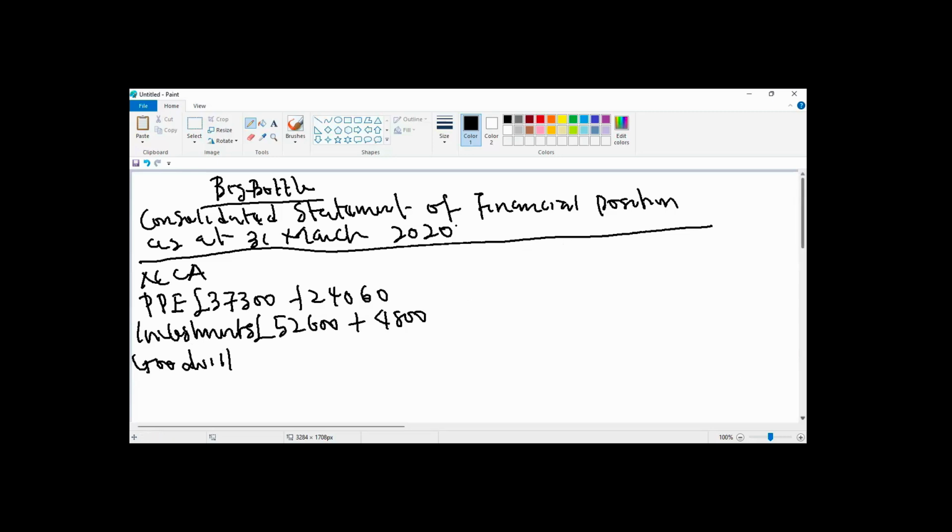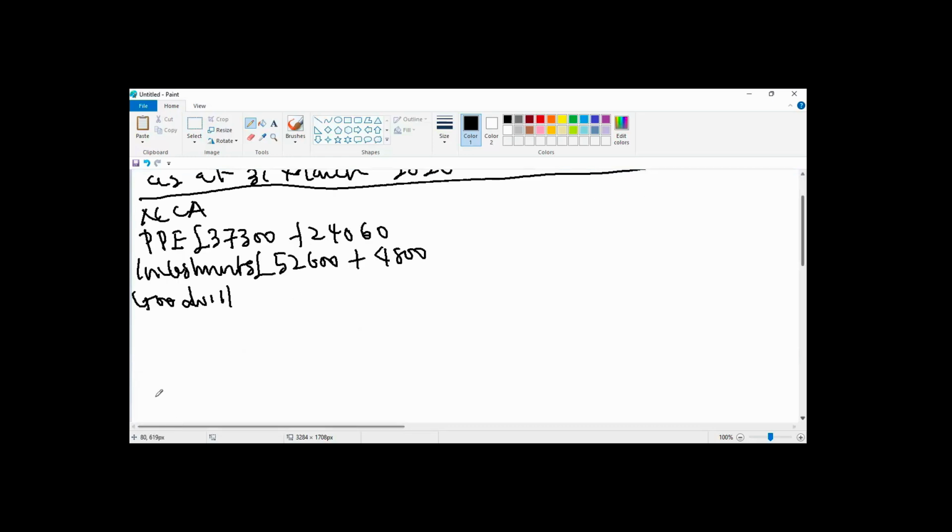Current assets. Inventories: inventory of the parent, 6,350 plus 52.